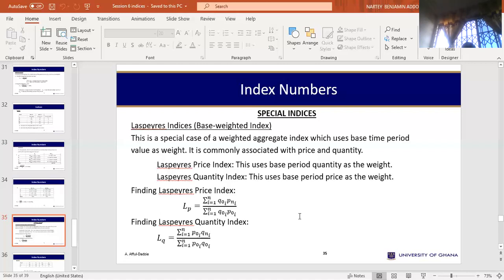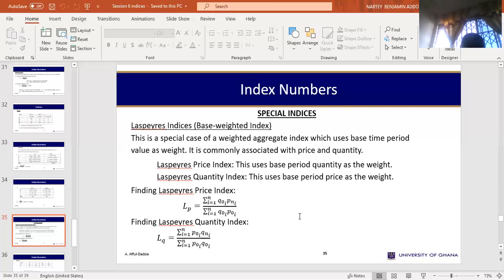And index numbers can be computed at the beginning of the year once the current year price is ascertained.